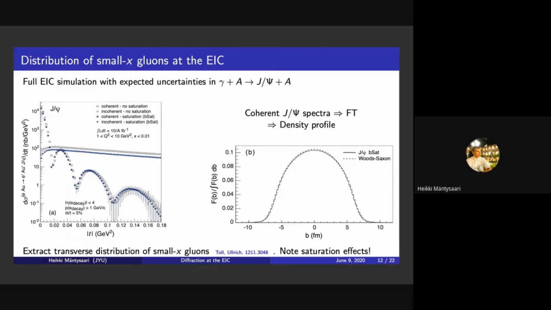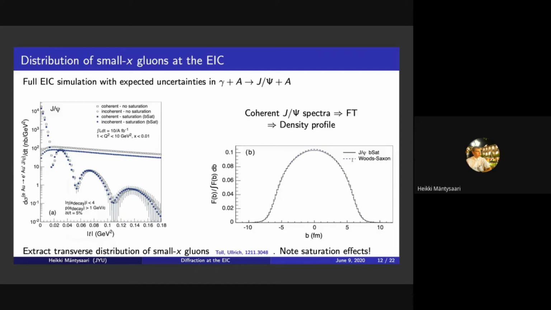On the right, what is compared is the Woods-Saxon, which is the input distribution to this simulation, and then the solid line is what you get out.